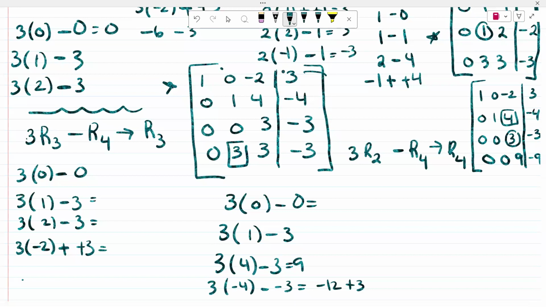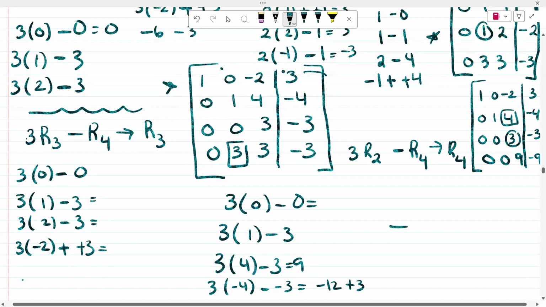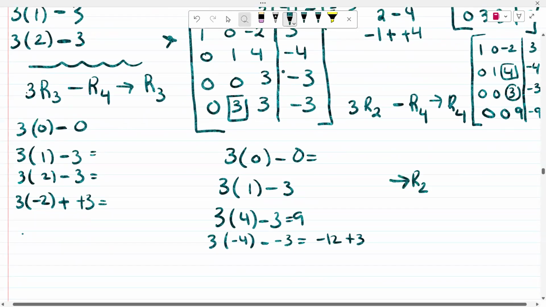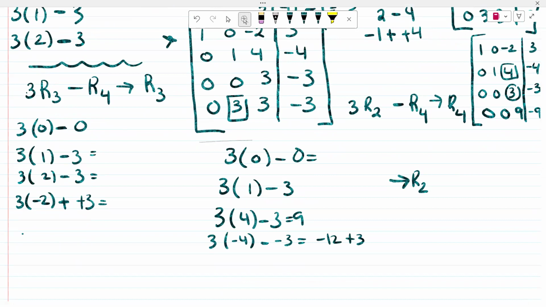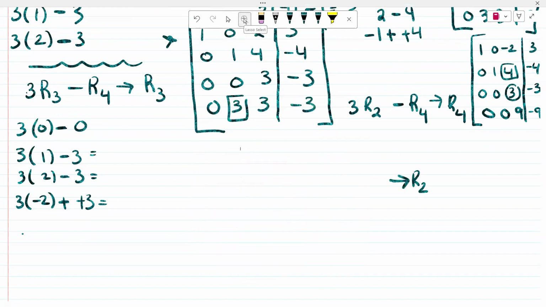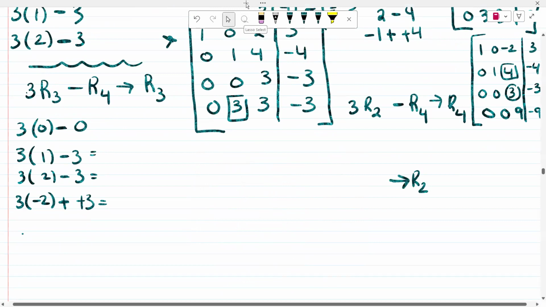Okay, so I'm going to make this 4 into a 0. The 4 is technically in row 2, right? Let me erase this. Okay, so how am I going to do that?